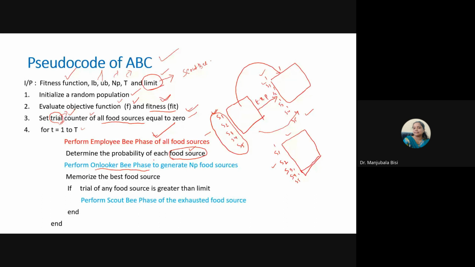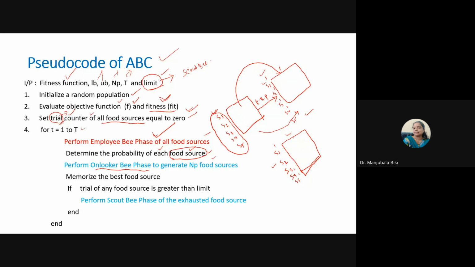That means for the solutions whose probability is high, there is a chance that we explore or exploit those food sources more than once. That is the meaning of the probability. There is a mathematical equation to find out the probability of each solution in the population. So we have to determine the probability before performing the onlooker B phase.